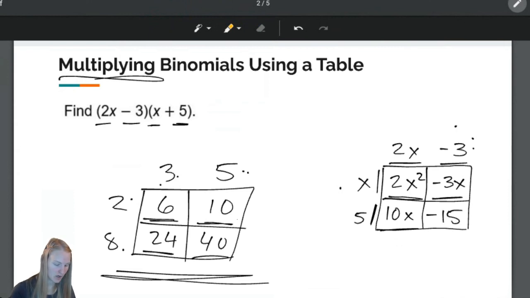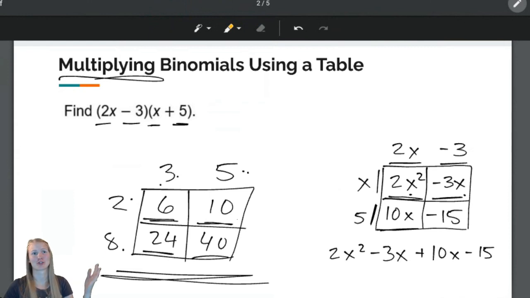Now, when we have our table filled in, to finish multiplying these binomials, all we're going to do is add up everything inside of each of these boxes. So I'm going to do 2x squared minus 3x plus 10x minus 15. This looks very similar to what we get at the end of using the horizontal distributive method, the FOIL method.